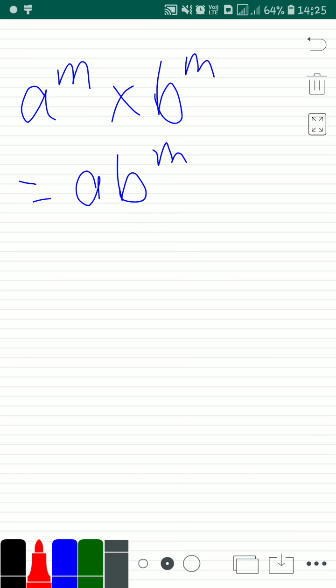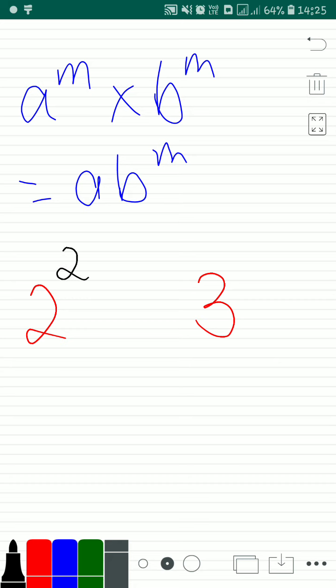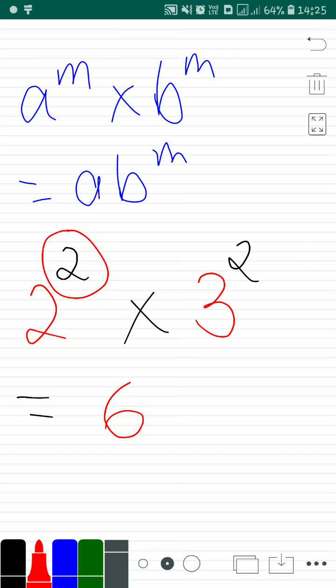For example, if my a is 2 and my b is 3, raised to m, where m is the index, let's suppose 2. So my answer will be 2 threes are 6 and my m remains the same, that is 2. Nothing will change in the index. It will remain the same if it is the same in both the numbers.